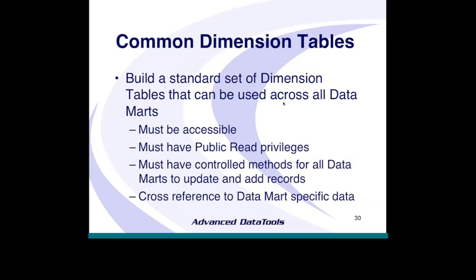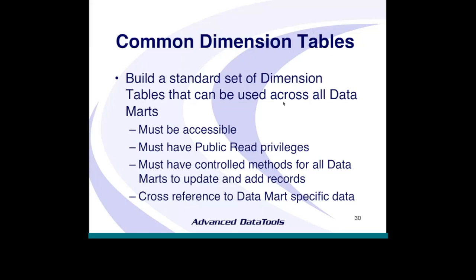And it was very easy. No one had access, no one knew about them, and the DBAs controlled what data went into those dimensions. So if an org change happened out in the field or a new product was introduced, it wasn't automatically put into those common dimension tables. It had to go through this whole data approval process. And that basically made those common dimension tables not very usable.